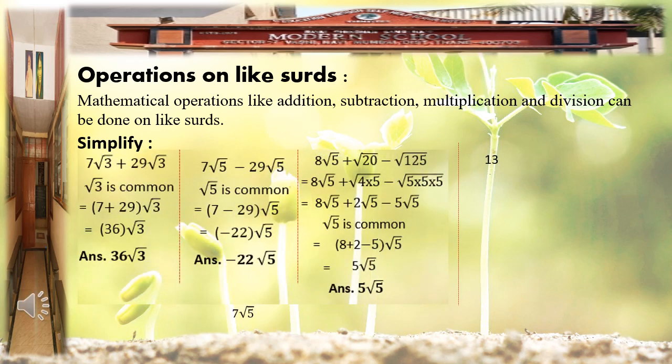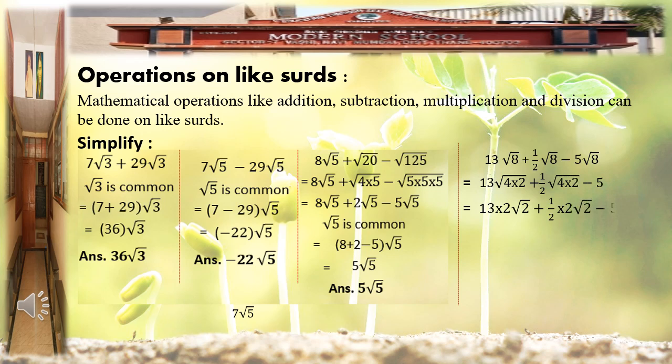Now in next example, we have to simplify 13 root 8 plus 1 upon 2 root 8 minus 5 root 8. We see that root 8 is common and it can be written as 2 root 2. In third step, 13 into 2 is 26. So it becomes 26 root 2.